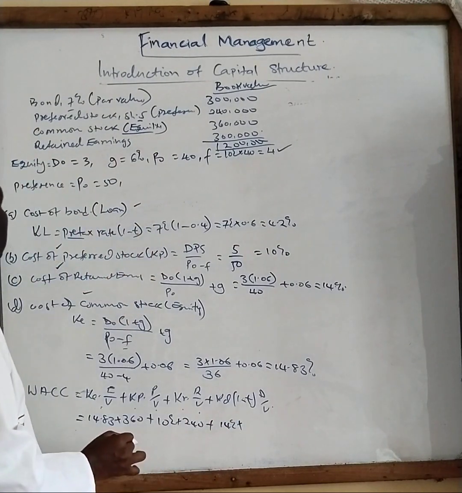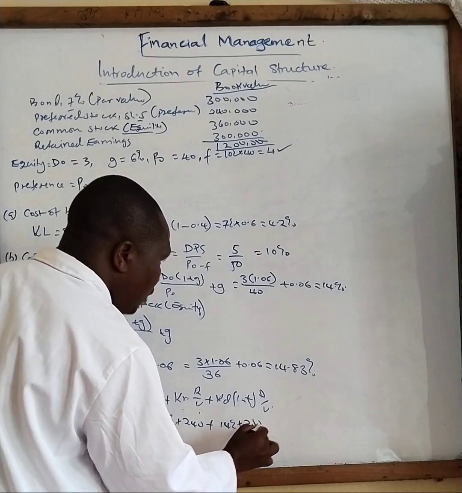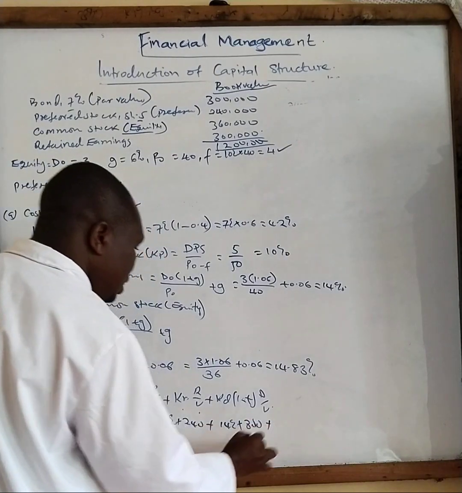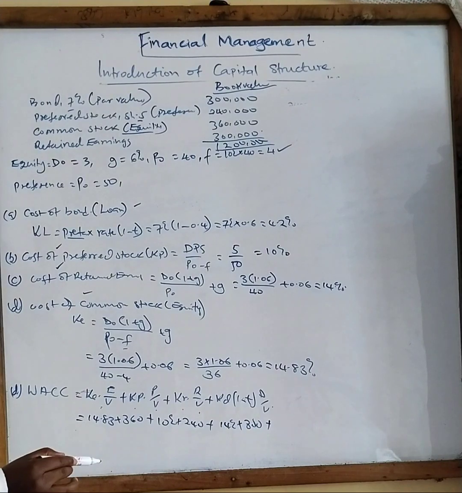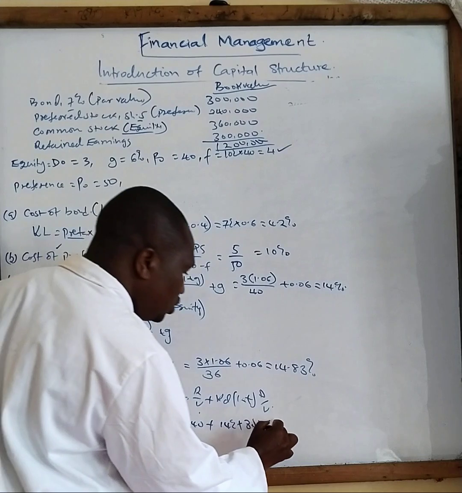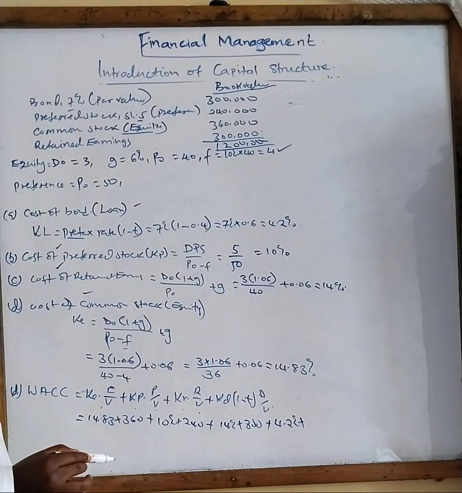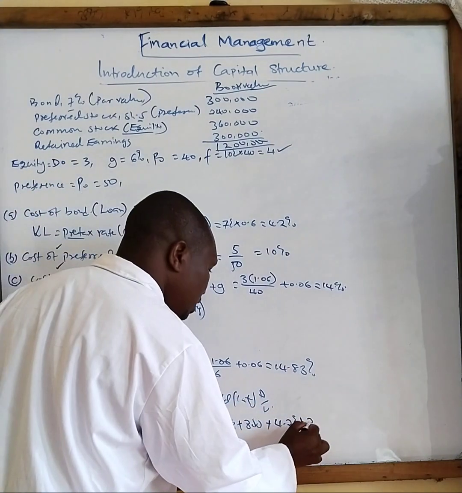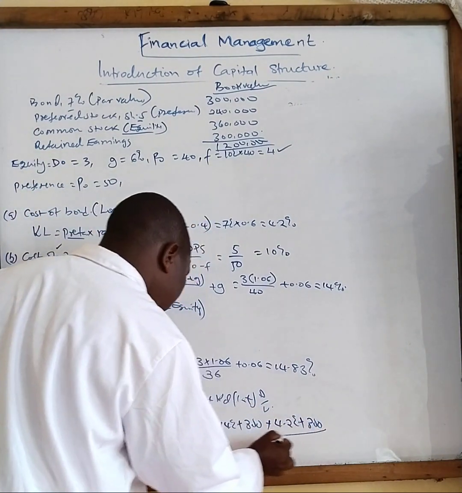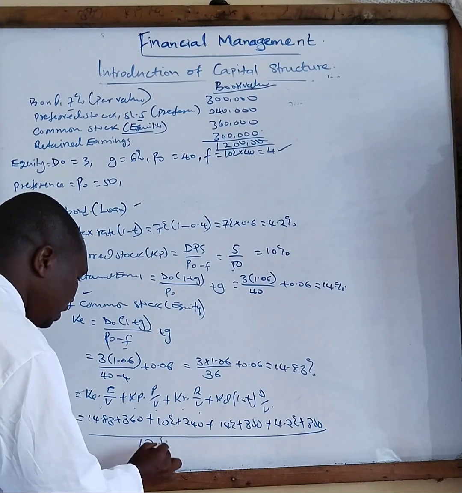Then I multiply by the book value of retained earnings, that is 300. Then plus the cost of debt, which is found to be 4.2% times the book value of the debt, which is 300,000. Once I get this, I will divide everything by the total, which is 1,200.